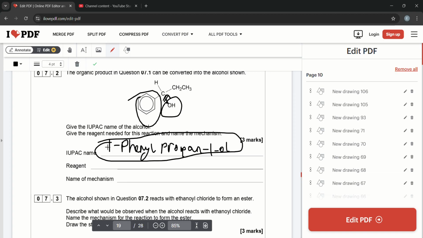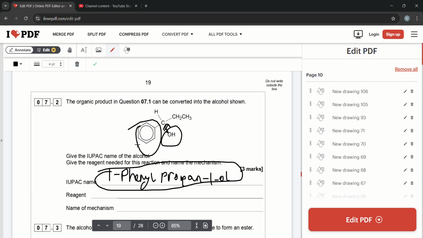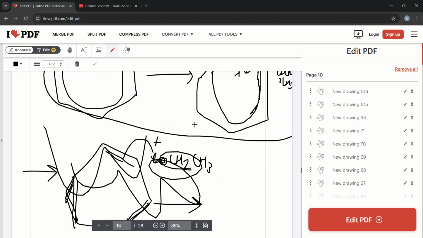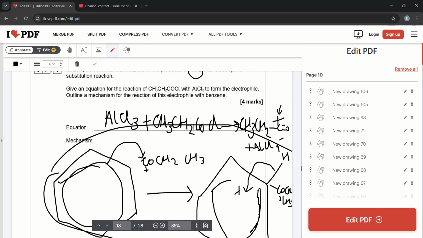The reagent for this reaction, well, the organic compound product in question 7.1 can be converted into this alcohol.